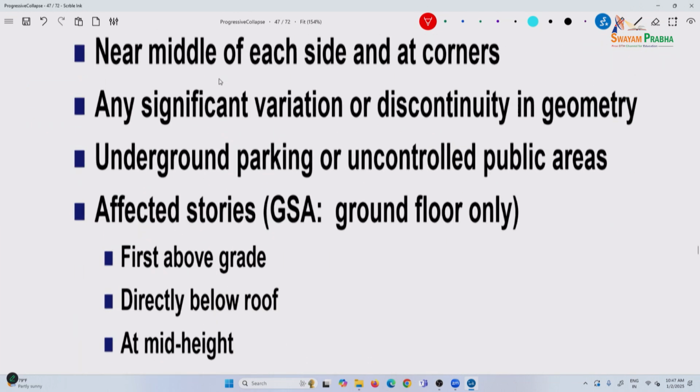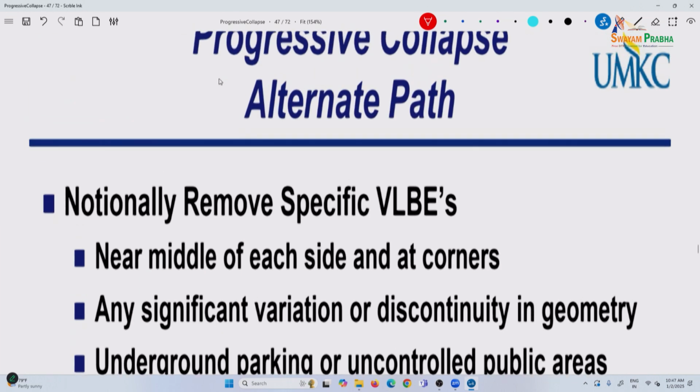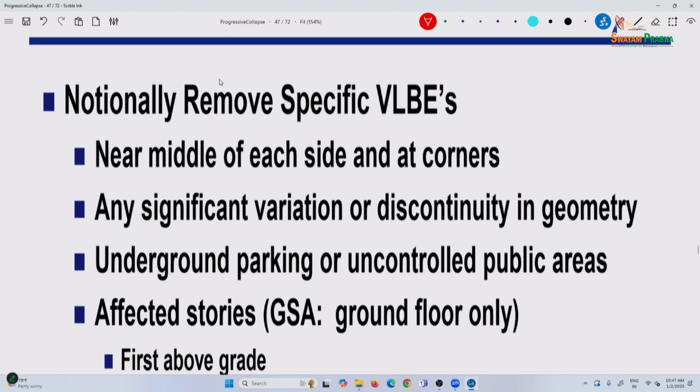Okay, here is where the alternate path method we had talked about. This is for removal of elements, with different requirements near the middle of each side and the corners.